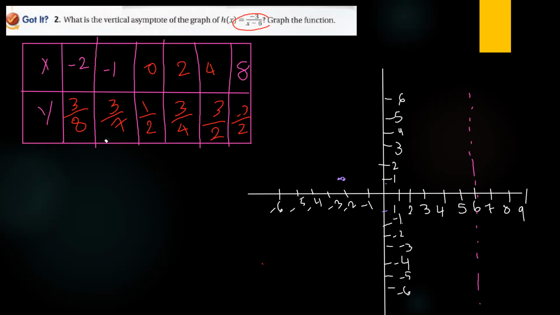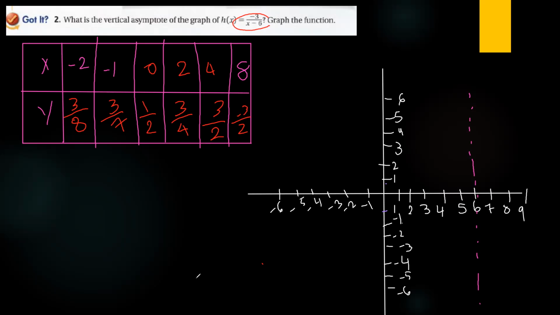At point negative 1, we have it as 3 over 7. At 0, we have it as half. By the way, both 3 over 8 and 3 over 7 are less than half.